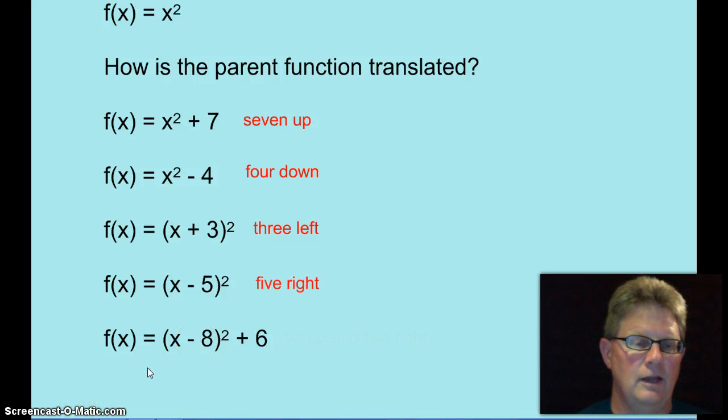And then how about this last one? I'll give you a second to think about that one. And there you go. It would be moved 6 up and 5 to the right. That's how you can translate functions, by adding constants either inside or outside the parentheses to the parent function.